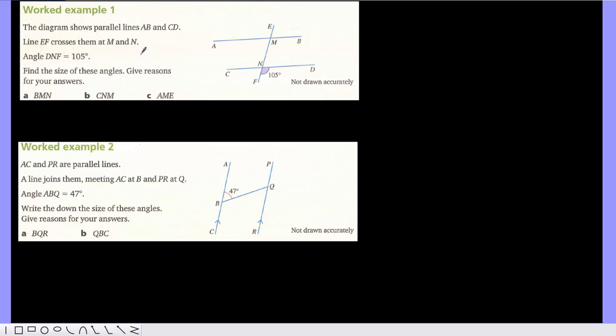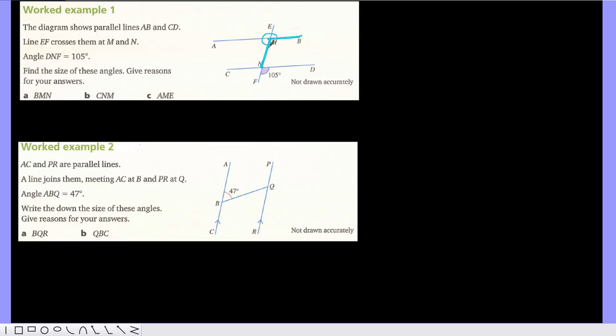Here, firstly, you need to remember how to name the angle. I'm going to put the points to the letters. Here, one of them is B, then the other one is M, the other one is N. So this angle here, made by these letters, I'm not talking about this one.